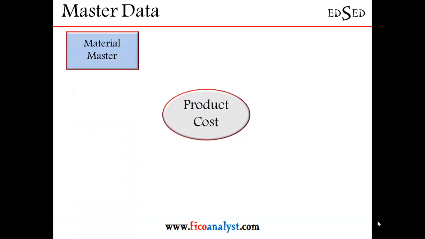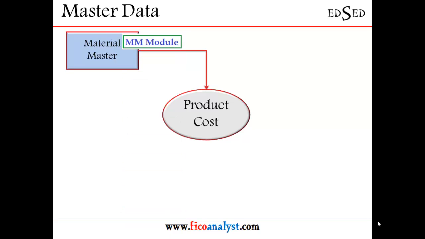First and foremost thing is the material master data, which is very important. The material master is for inventory management, and it also has the costing and accounting views, accounting view 1 and 2, and costing view 1 and 2 data. That data is necessary to be maintained in order to have product costing, the product cost estimated, and use it for different purposes.